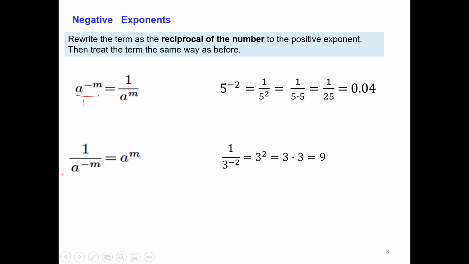If it is in the bottom, move it to the top. Here is one example: 1 over 3 to the negative 2 power. To change this into a positive, move it to the top and change the sign of the exponent. Then 3 to the second power is just 9.